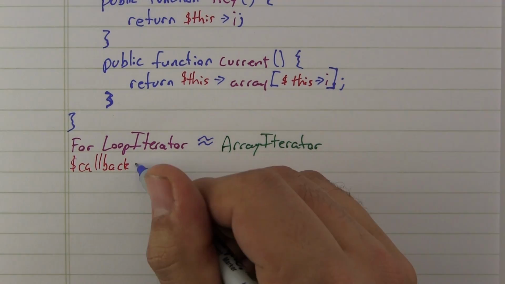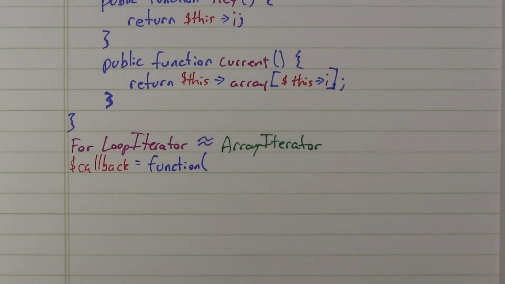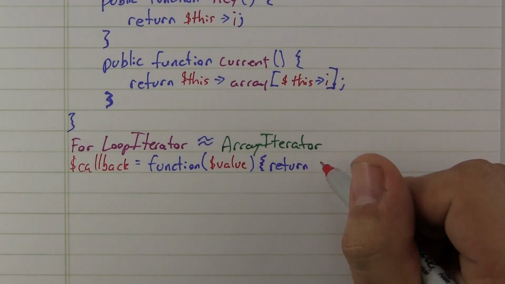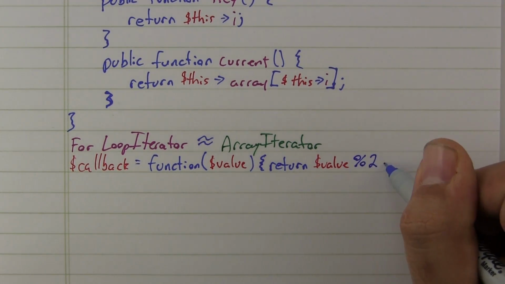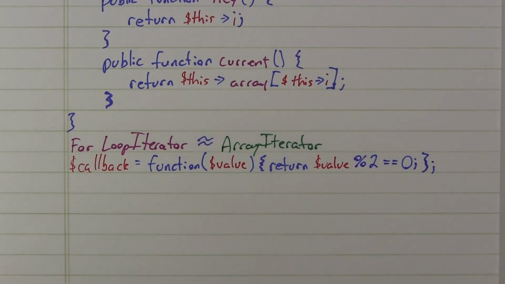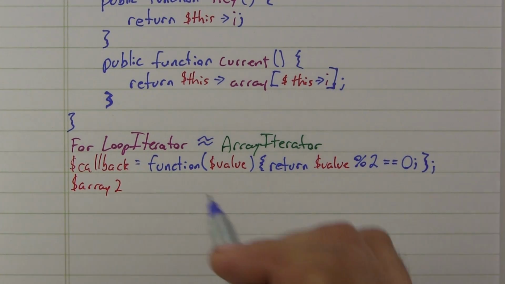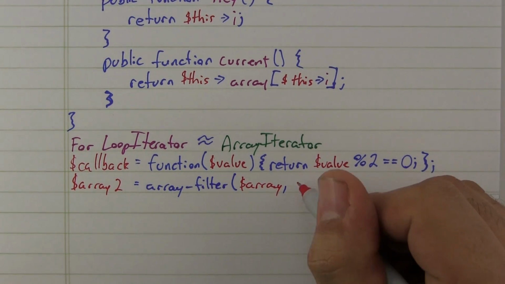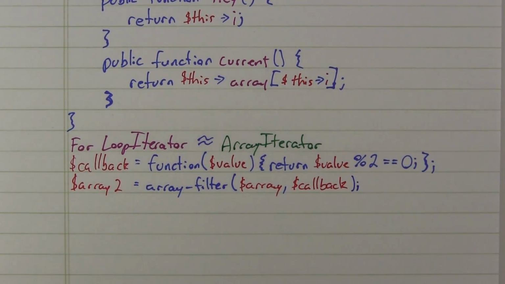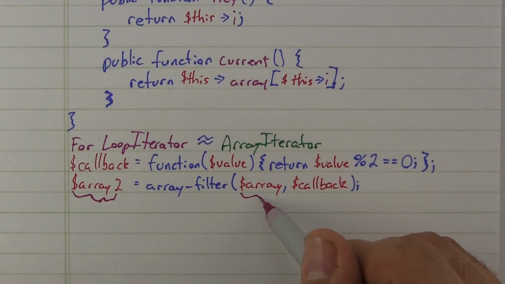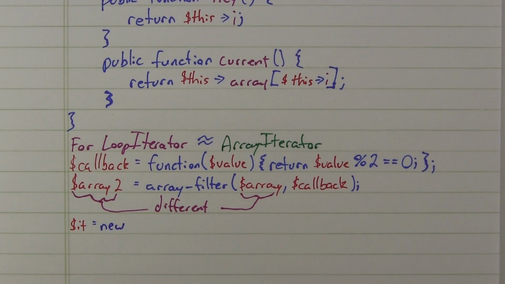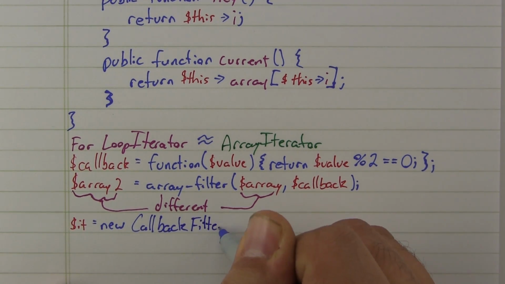Another benefit of using an iterator is that we can decorate that iterator to provide additional functionality. For example, let's say we want to take our previous array and iterate over only even values. With arrays, we would need to use array_filter and actually duplicate the array. But with iterators, we can just use the core CallbackFilterIterator.